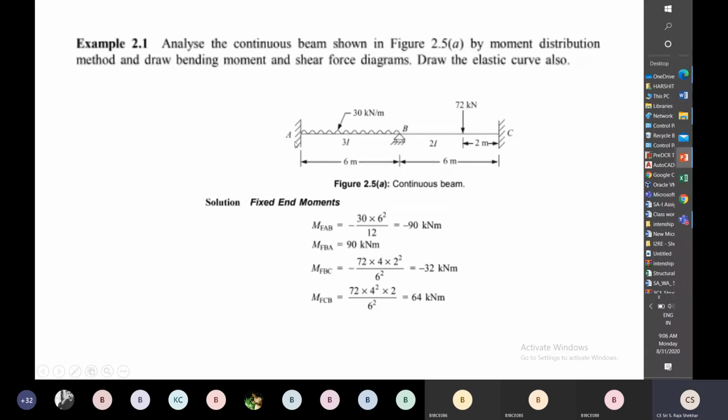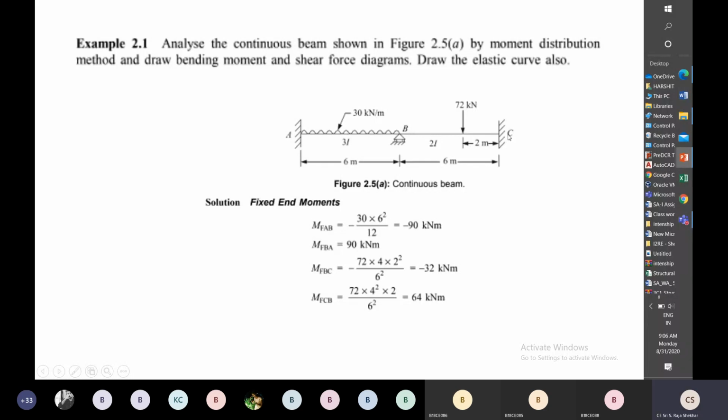For the AB span, the moment of inertia of this member is 3I, and the moment of inertia of the other member is 2I. Clearly observe this: the uniformly distributed load has an intensity of 30 kilonewton per meter.